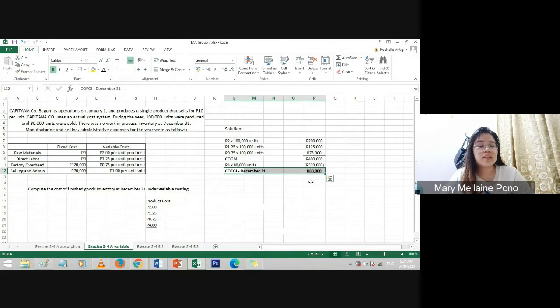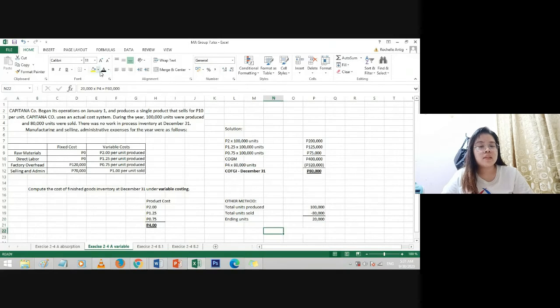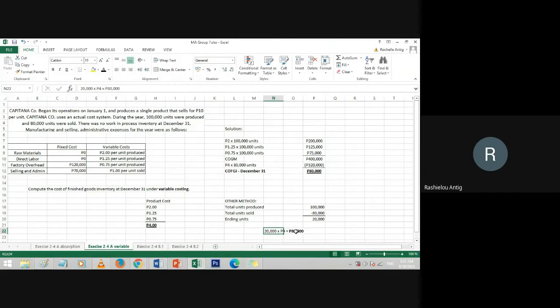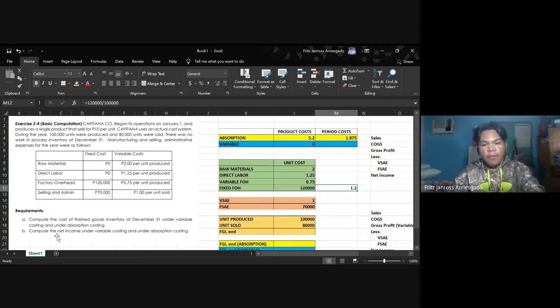Another way to do this is by getting the total number of units produced less the total number of units sold, which is 100,000 less 80,000 units, giving us 20,000 units. Then multiplying this number of units by the product cost, which is 4 pesos, still giving us the same answer, which is 80,000 pesos.